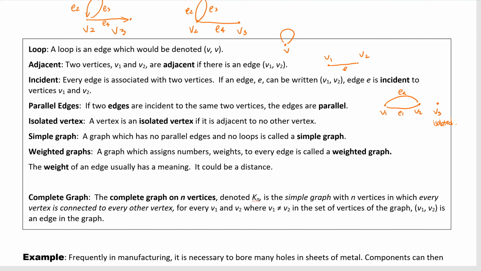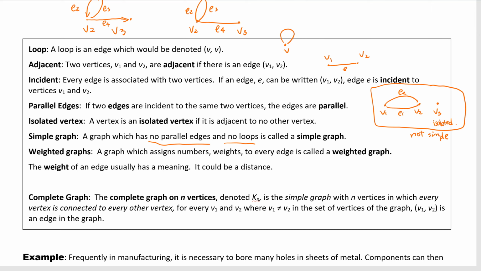And next, simple graph. A graph which has no parallel edges and no loops is called a simple graph. So what we drew here is not simple.